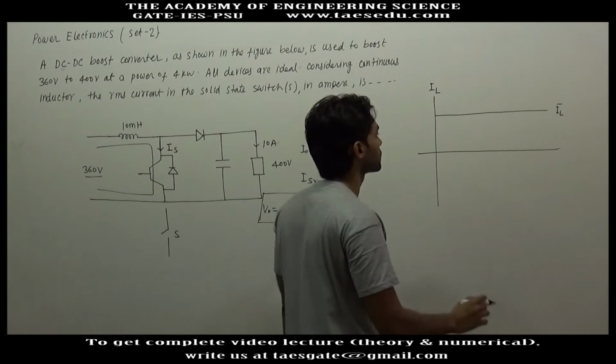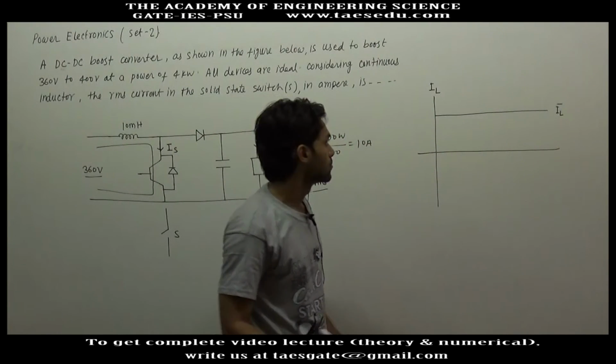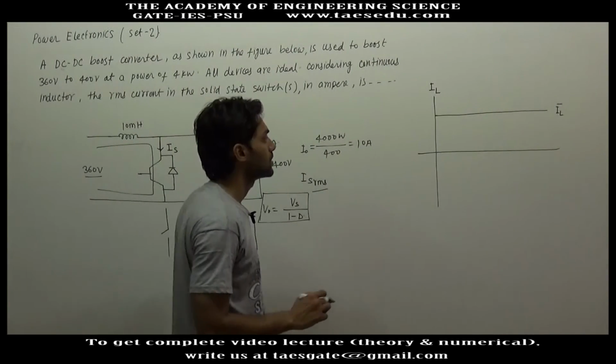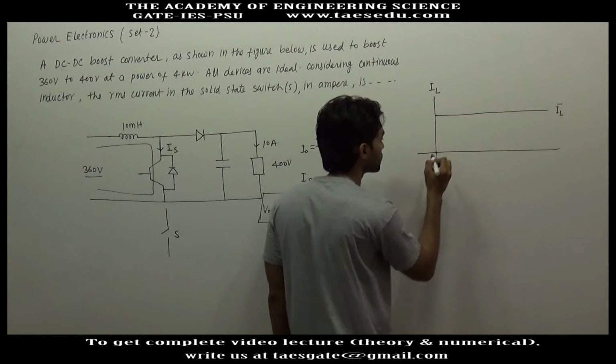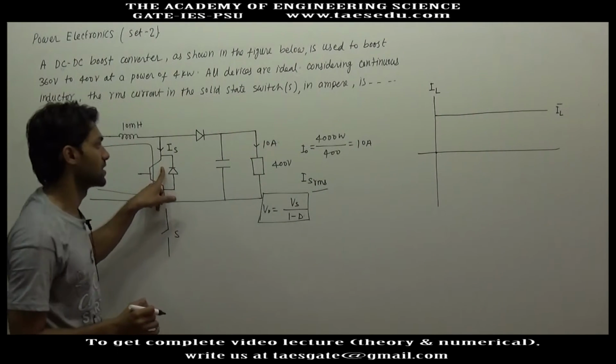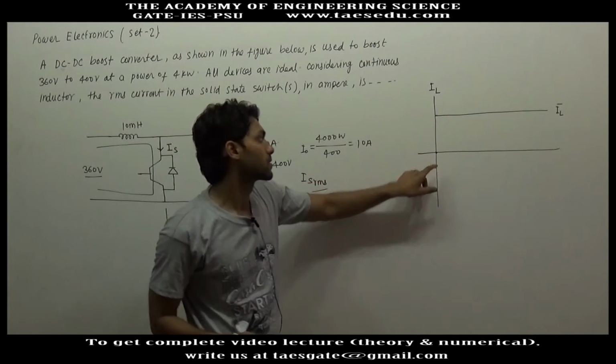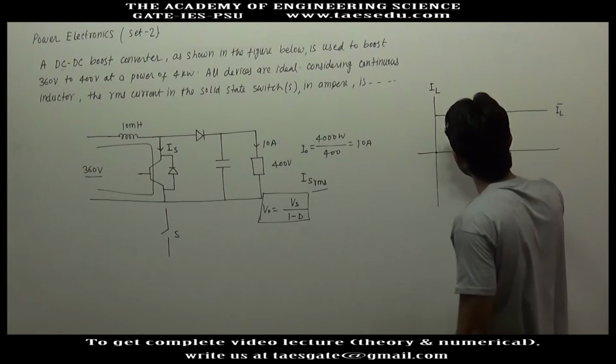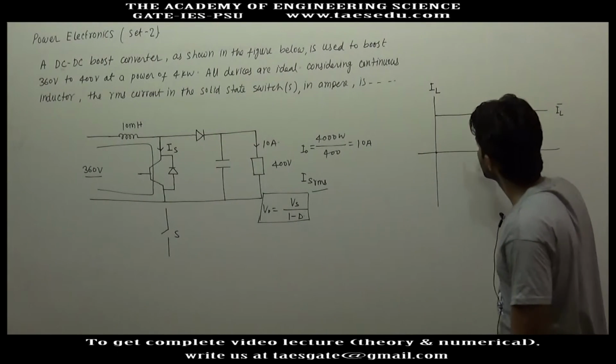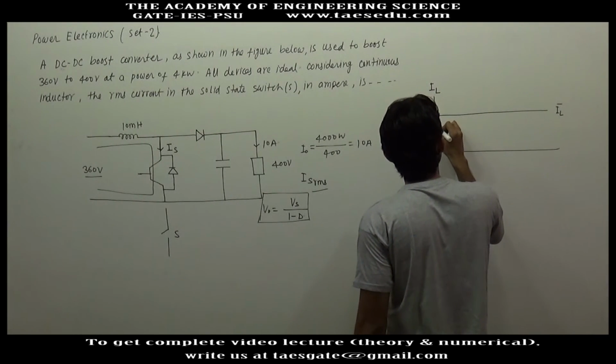Let's say at this point the switch is connected. So from this point the inductor current will start growing. The point where the inductor current starts growing will be the minimum value of inductor current.